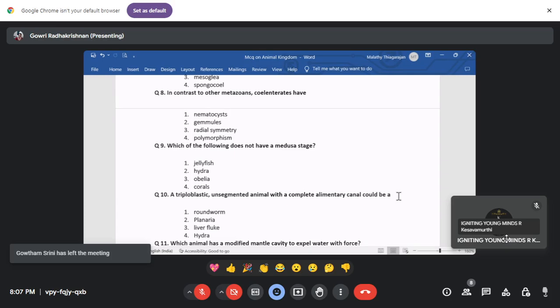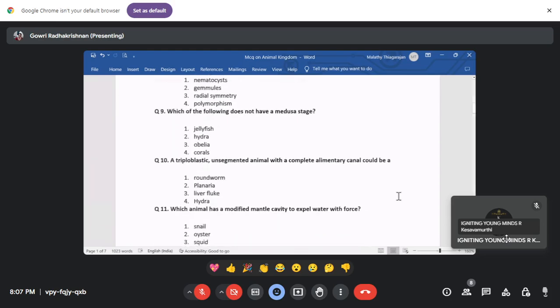Generally, the metazoans have bilateral symmetry, not radial symmetry. So the coelenterates, I mean, they exhibit a radially symmetrical body.